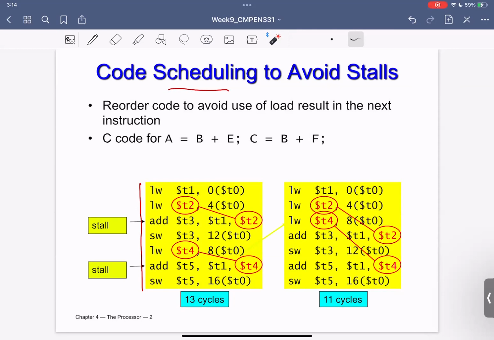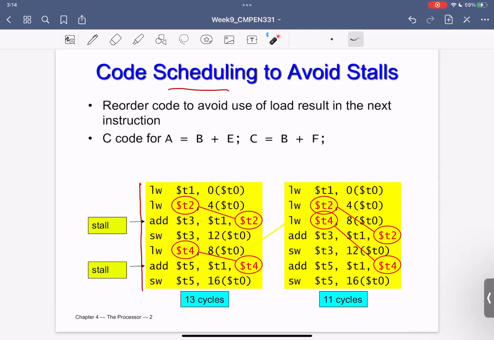Data hazards, meaning that basically I need to use an information that is not available yet in my pipeline stages. For instance, I would like to add whatever is in one register with another register and put the results in a third register, a destination register. But one of these registers that I would like to add, either the RS or the RT, unfortunately is not ready yet in my stages from the previous instruction.